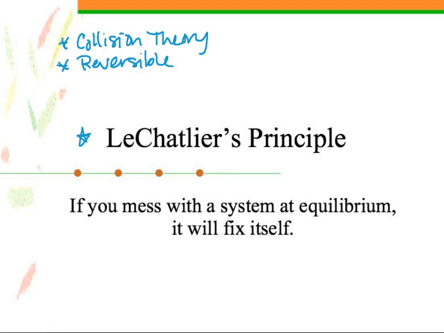So Le Chatelier's principle states in simple terms, if you mess with the system at equilibrium, it will fix itself. Now, where this came from originally was when scientists were trying to make ammonia. Ammonia is NH3.